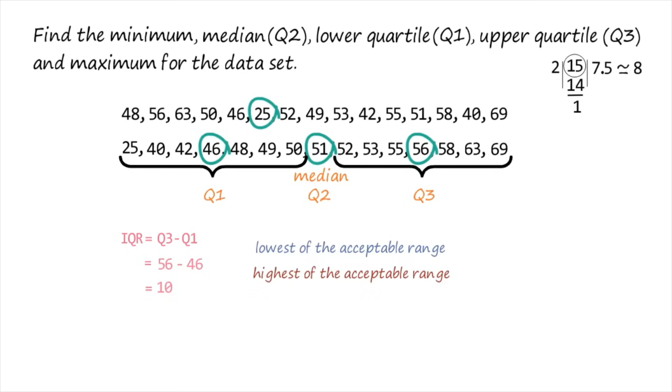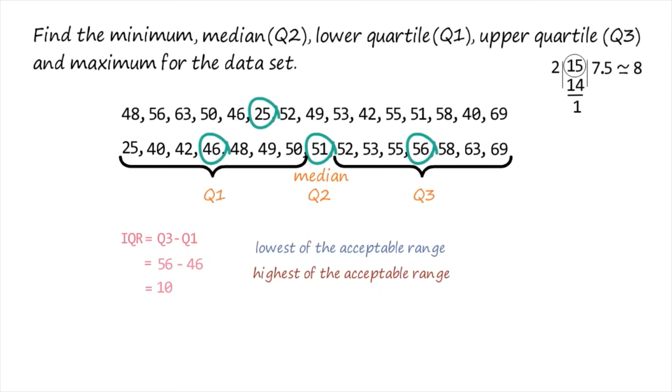From here, we can get a minimal idea about the outlier. What is an outlier? A value that comes beyond this lowest and highest range. Values that fall outside this range can be considered outliers. So finding the acceptable range after calculating IQR is the first notion.